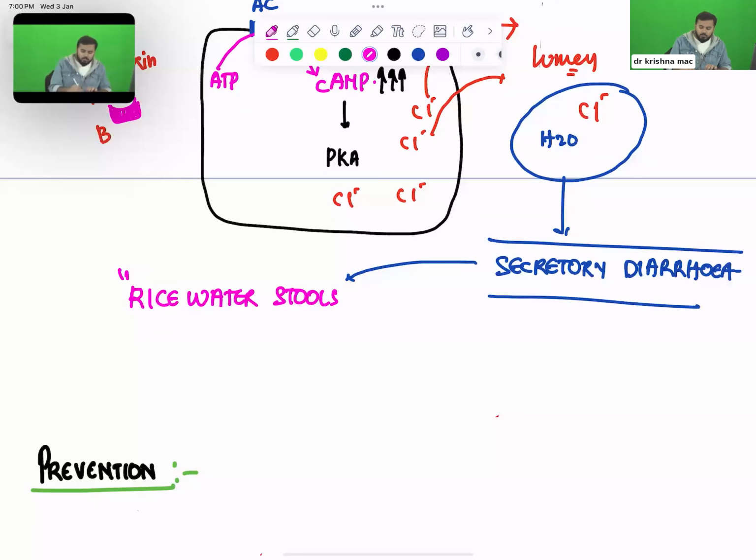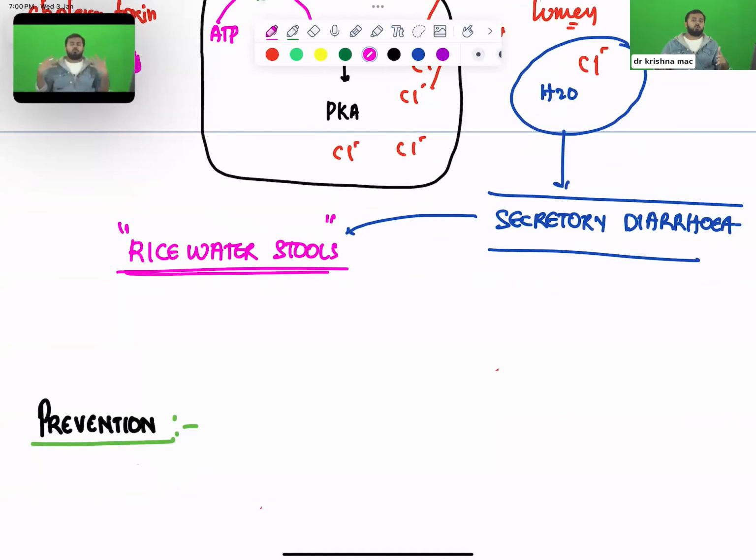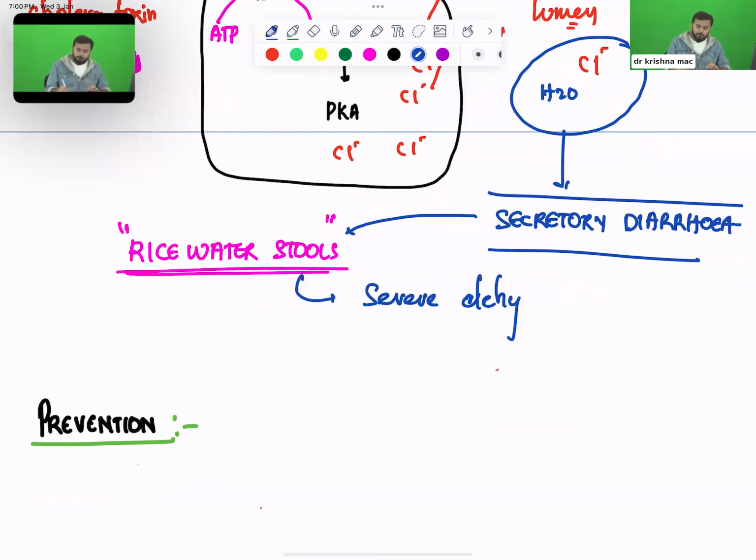Rice water stools. Because of these rice water stools, a lot of water is going out, and this would lead to severe dehydration in the patient. Severe what? Severe dehydration in the patient. I hope till here all of you understood.